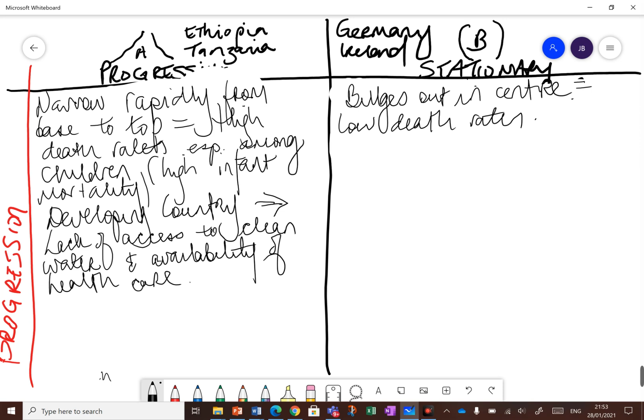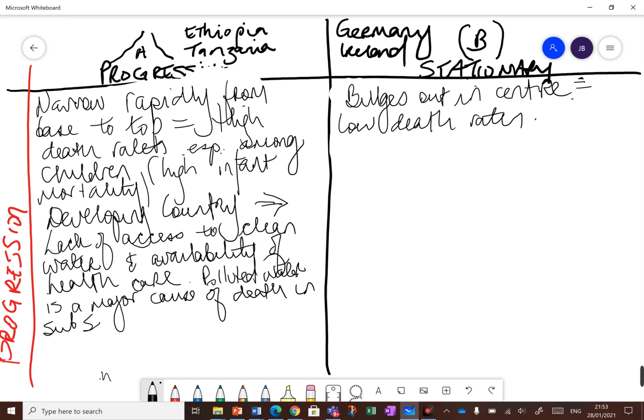Okay, and then I go back and put in a statistic. So polluted water, do you remember any of those? If you don't remember it, you can just say it is a major cause of death in sub-Saharan Africa, with children being most affected.